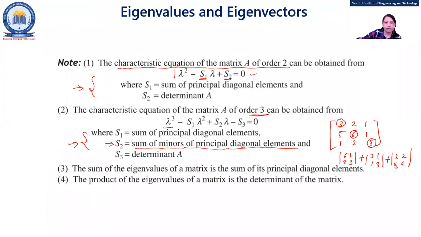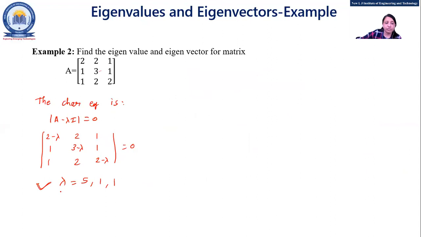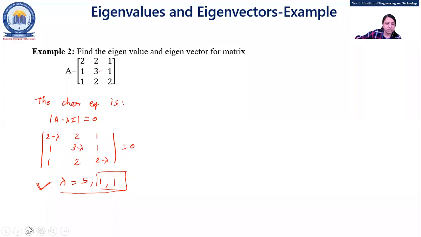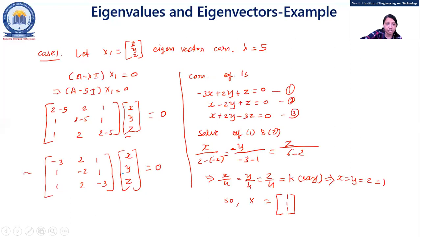This lambda cube minus s1 lambda square plus s2 lambda minus s3, and you found lambda as 5, 1, 1. So you can see that this is a repetition. See, 1 repetition. So I'll show you how to find the eigenvector if there is repetition.